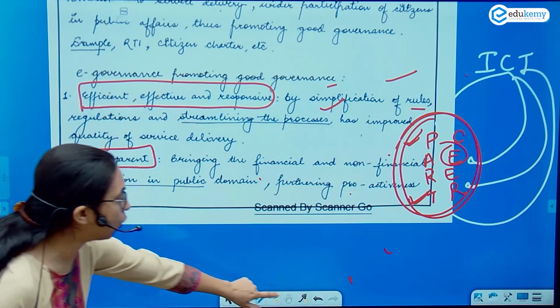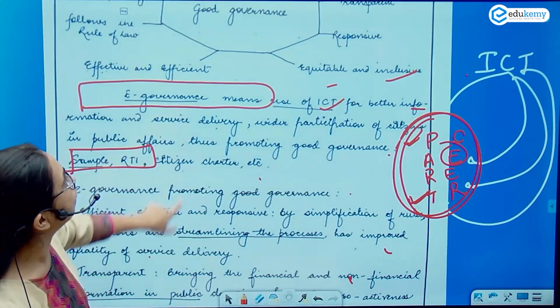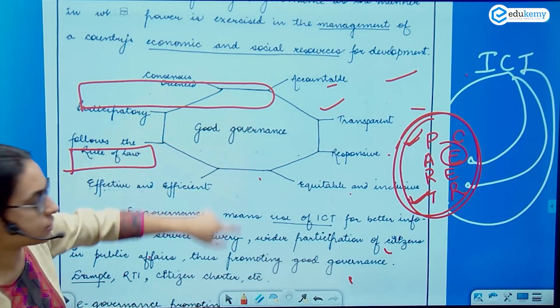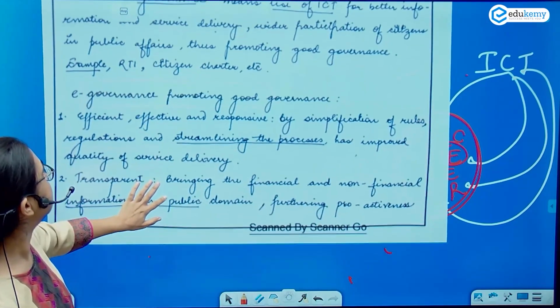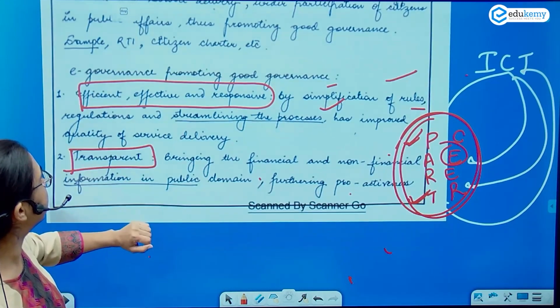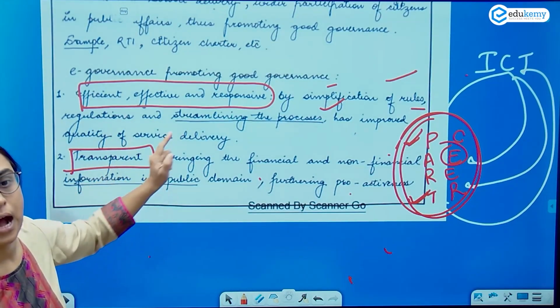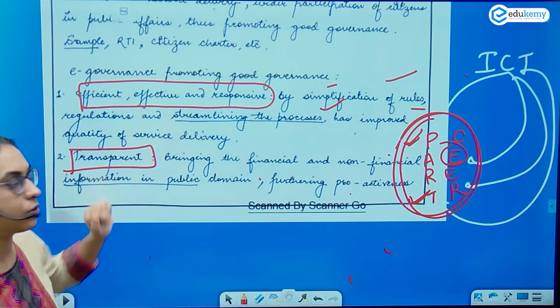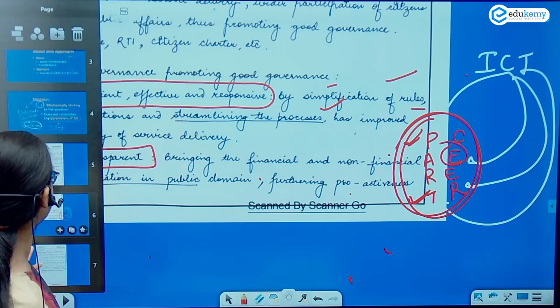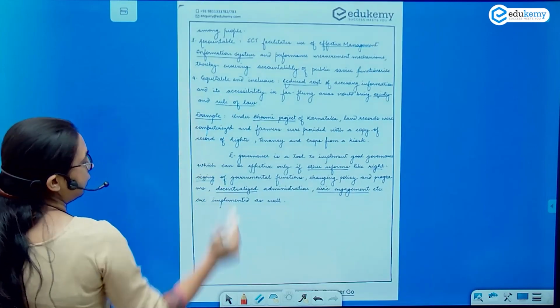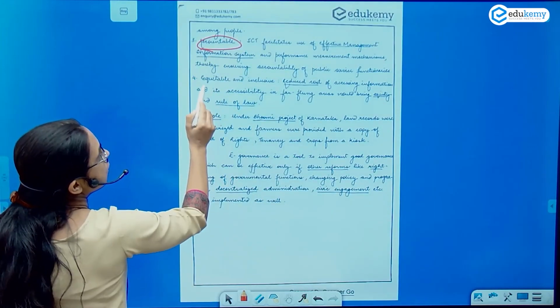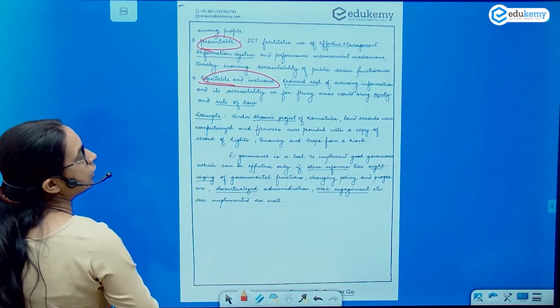You have already told the examiner you know the parameters of good governance, and now you are saying, see, how does e-governance promote efficiency, how does e-governance promote transparency, and then you explain how does e-governance promote accountability, how does e-governance promote equitableness and inclusiveness.